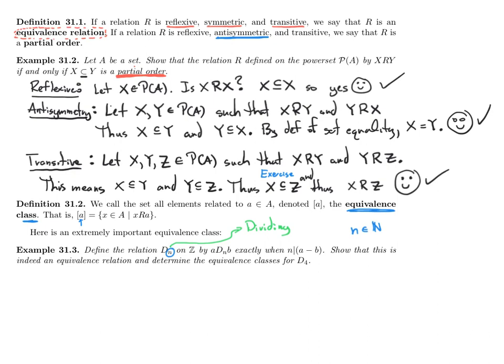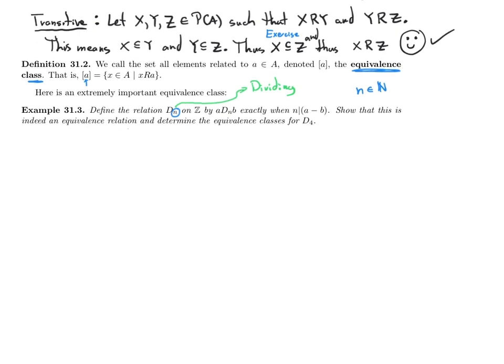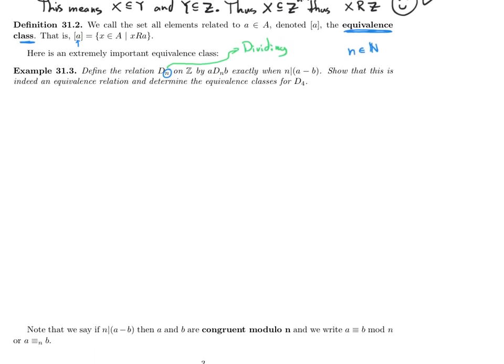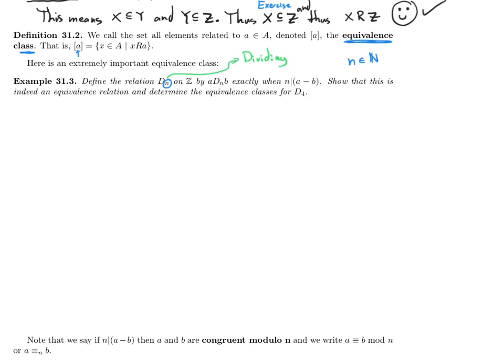And we want to show that this is indeed an equivalence relation. So let's start it off. We'll do one at a time. We need reflexivity, symmetry, and transitivity.